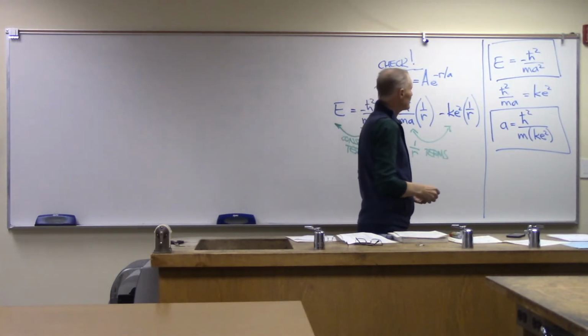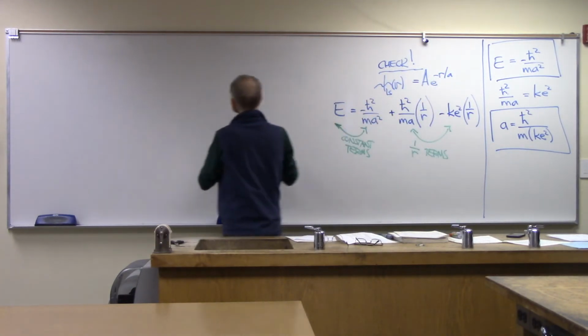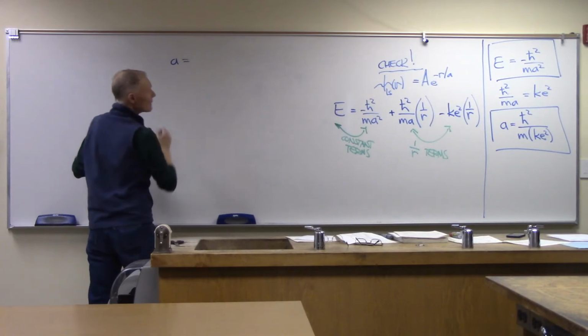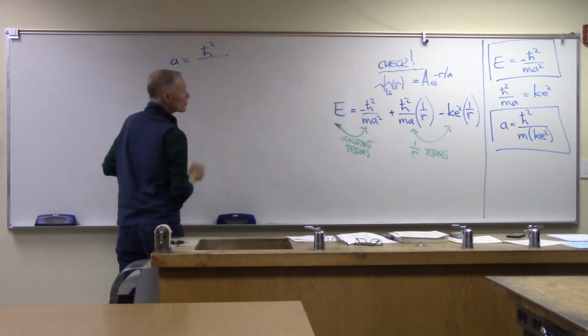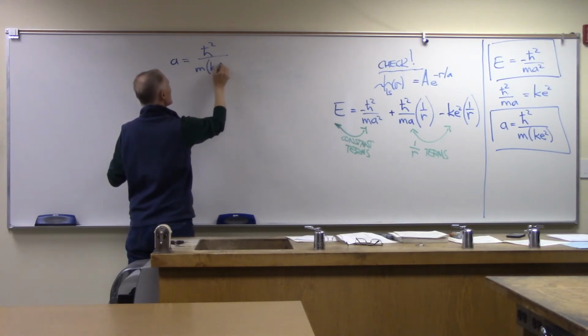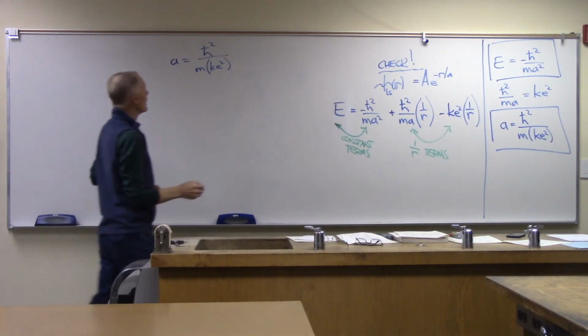And let's take a look at, these are worth writing again. A, it says, is equal to h bar squared over m ke squared. Now let's remind ourselves what some of these constants are.